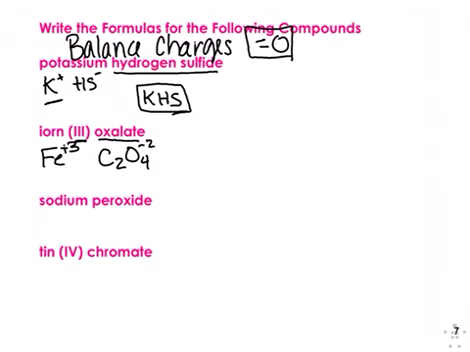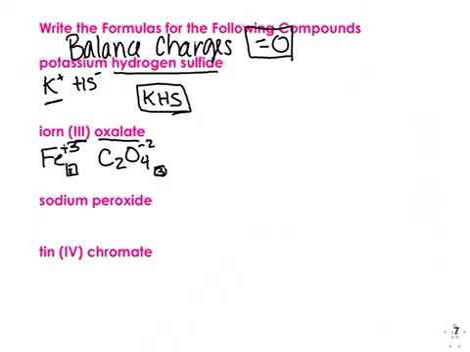No. So that means we need to add subscripts to our overall formula. So what subscript do we need on iron to help make it 0? A 2, very good. And what subscript needs to go on the oxalate? It's always a positive number on the subscripts, but yes, it is 3.